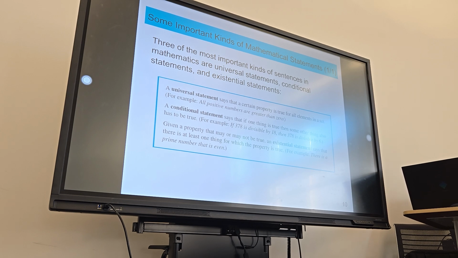Like, there is a prime number that is even: the number 2. You just have to show one example of it to be true. There exists at least one prime number that is even.